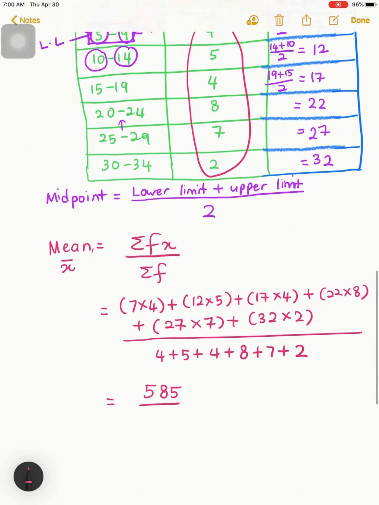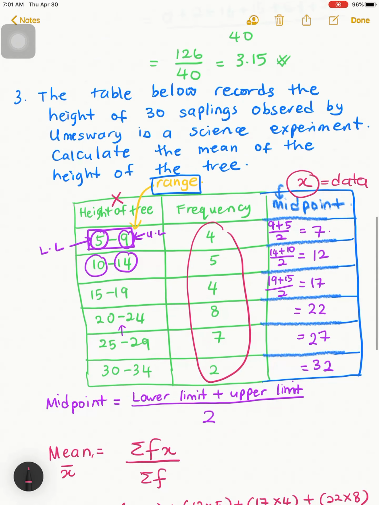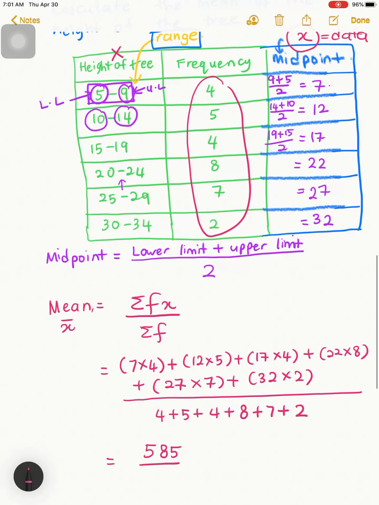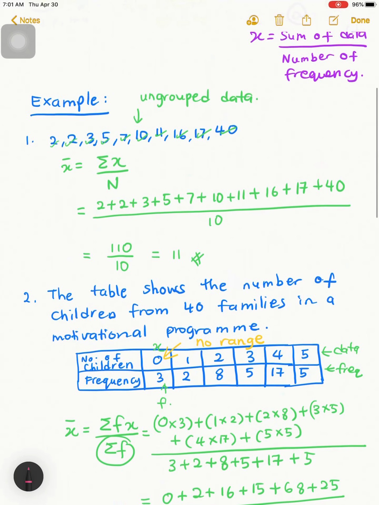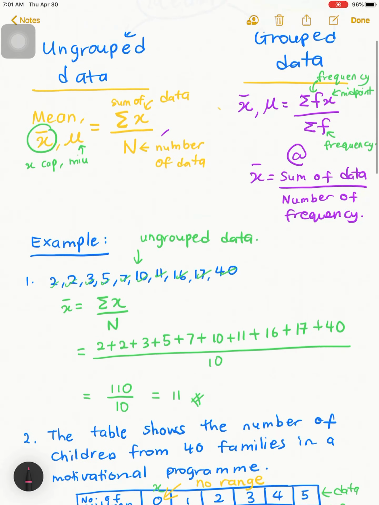For the numerator, I got 585. Now find the total number of frequency. Normally the frequency is given in the question: 30 saplings, so over 30. If you calculate, you should get 19.5. Kids, that's your mean.